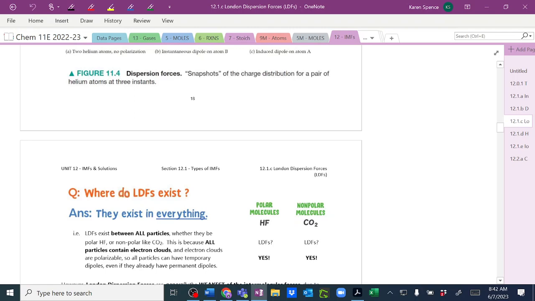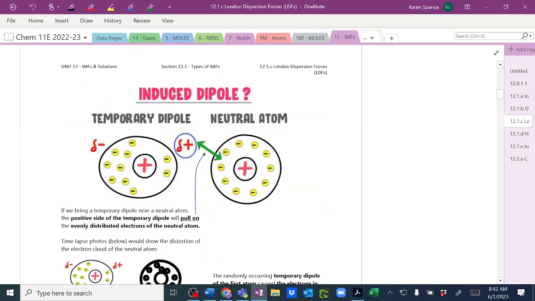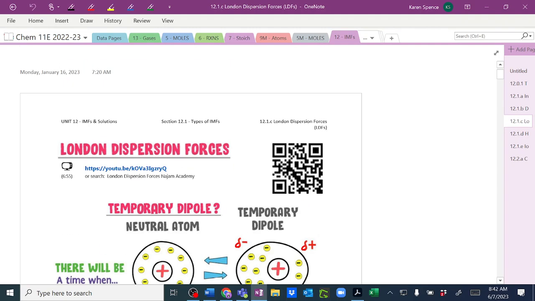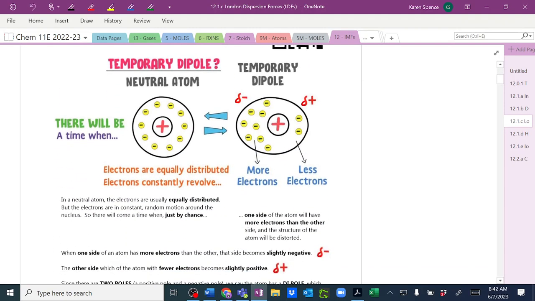London dispersion forces. So we have the electrons temporarily move to one side of the atom or molecule, just because of random motion. We now have a slightly negative end and a slightly positive end, temporarily. That's why it's a temporary dipole.